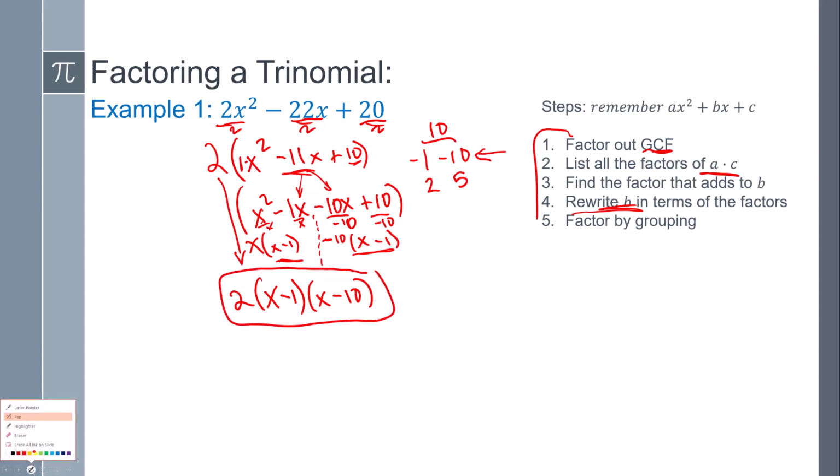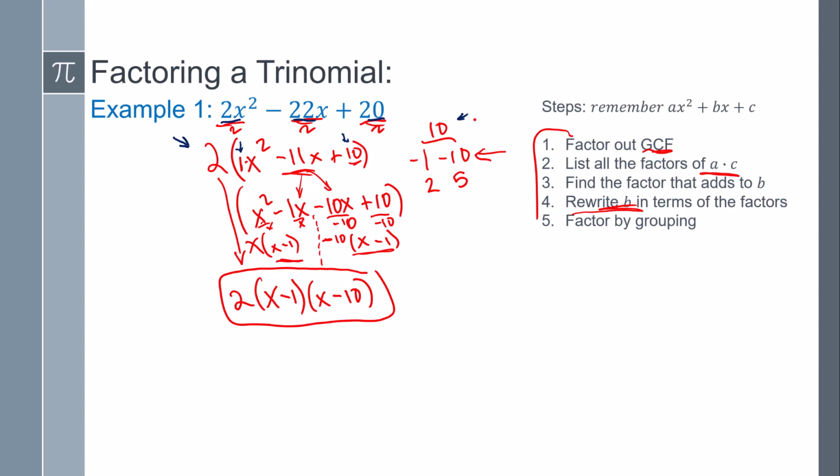So recap, what did I do here? The first thing, I factored out what's in common. I looked at this and I said there's a 2 in common, so I factored out the GCF. Then I multiplied a and c together and found all the factors. So 1 times 10, I get 10, and I listed all the factors, 1 and 10, 2 and 5.